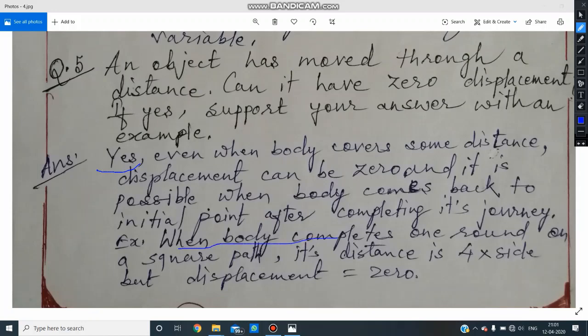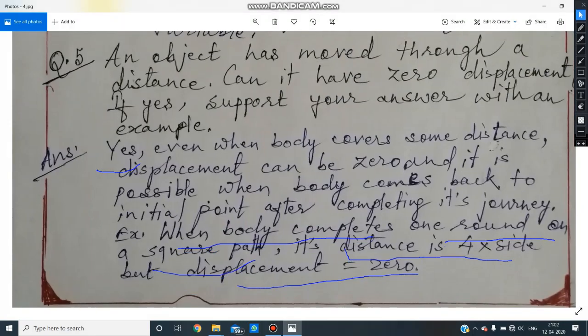When body completes one round on, say, a square path, any shape path you can choose, but here suppose we have taken square path, its distance traveled will be 4 into the length of side, whereas displacement will be 0 as the body is coming back to its initial position. So its displacement will be 0. So here this question is answered with the support of a suitable example also.